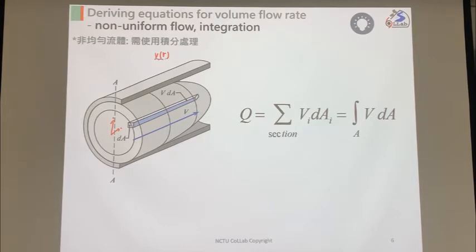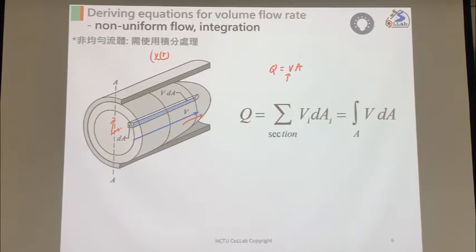But we still consider the flow velocity direction is always parallel to the normal vector of the cross-section. So in that way, we cannot compute Q directly as V multiplied by A, because the velocity here is not constant.